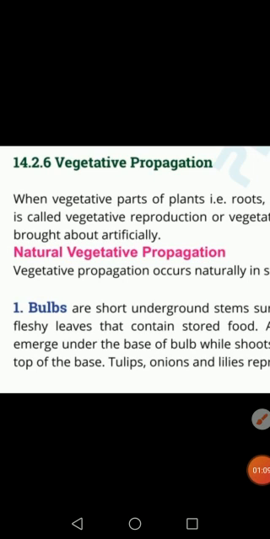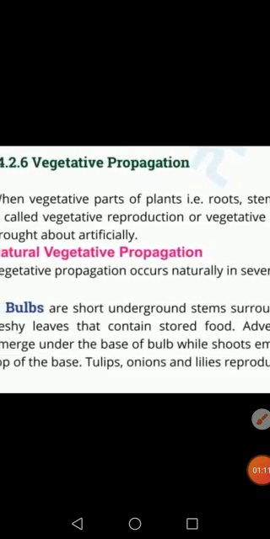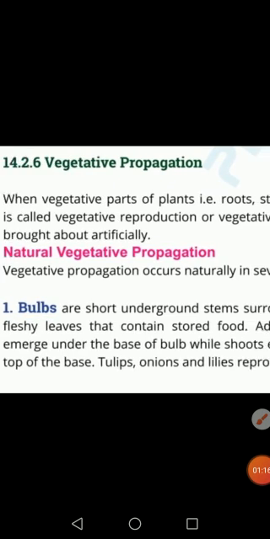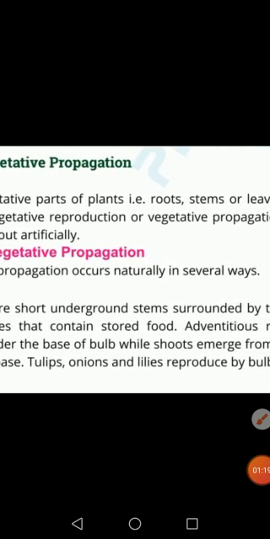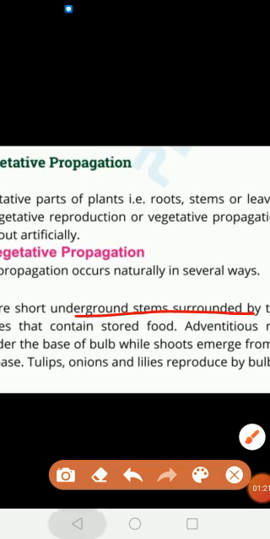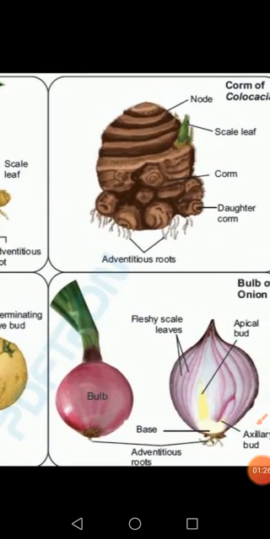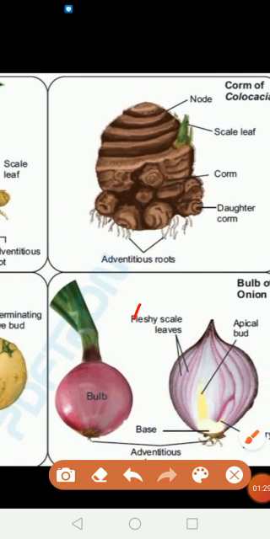Now the natural vegetative propagation method occurs in several ways. First one is the bulbs. Bulbs are basically short underground stems and they are surrounded by thick fleshy leaves. This is the bulb of onion, and there are fleshy scale leaves, and these fleshy scale leaves have stored food in them, and there is a base at the lower part, and this base grows into adventitious roots, and on the upper part there are apical buds.